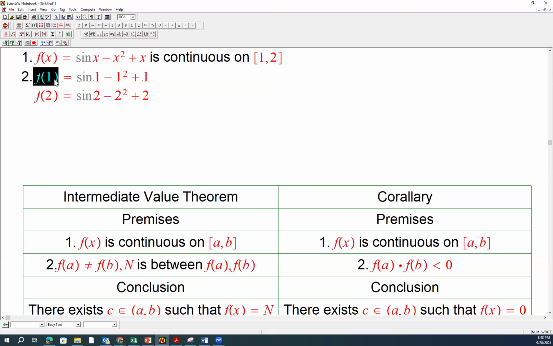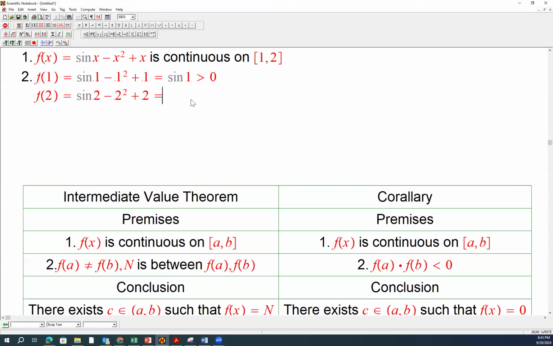When we evaluate f of 1, this is minus 1 plus 1, so this is just going to be sine of 1. Sine of 1 is positive, because 1 as radian is in the first quadrant. You don't need a calculator. The second quantity is minus 2 squared plus 2.